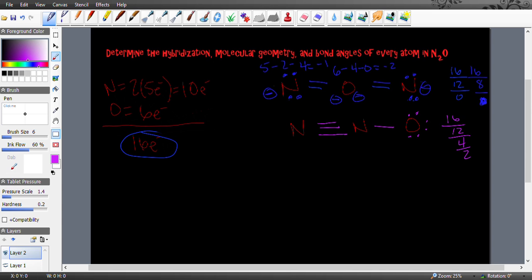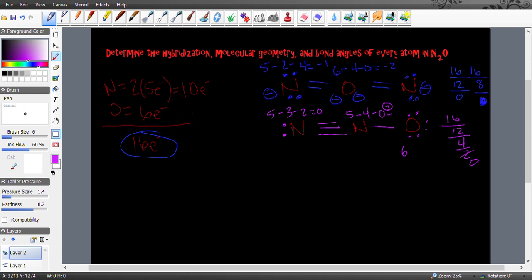And let's see how that works. Not happy, happy, happy. So 1, 2, 0. Let's check our formal charges. 5 minus 3 minus 2 equals 0. 5 minus 4 minus 0 equals positive 1.